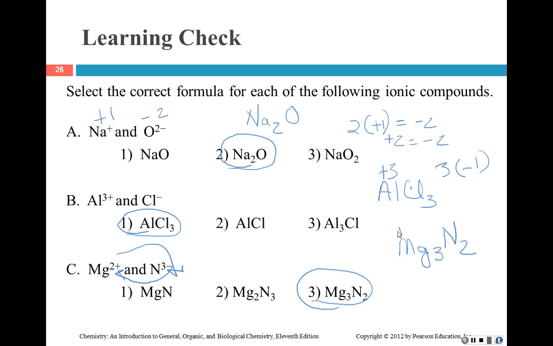Magnesium is plus what? 2. Nitrogen is a -3. In this case, I've got -3 times 2 is -6, and I got +2 times 3, which is +6. Okay, so the 6 and the 6 cancel, makes me neutral, so that tells me that Mg3N2 is the correct formula.